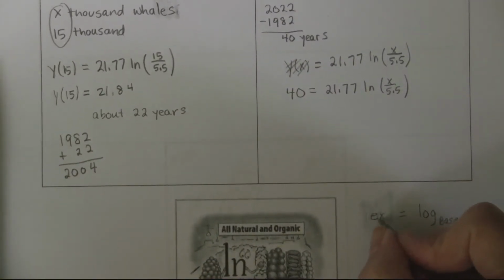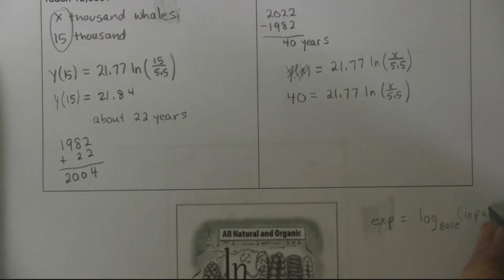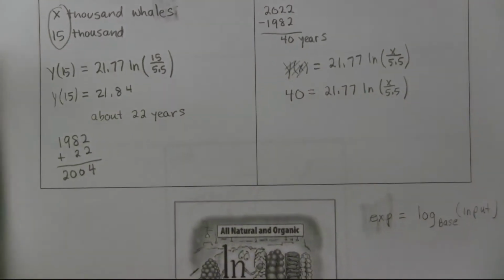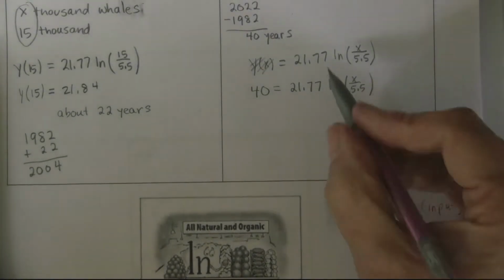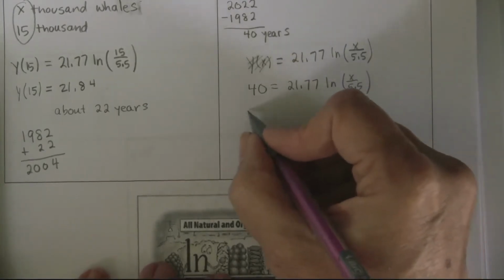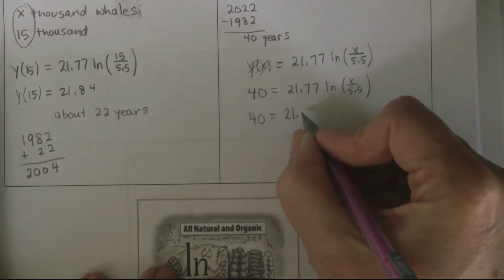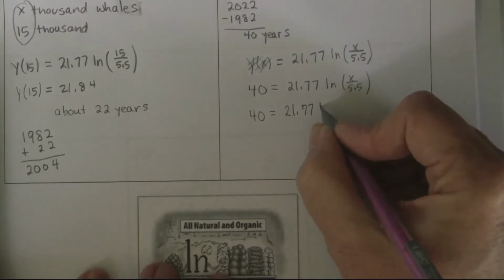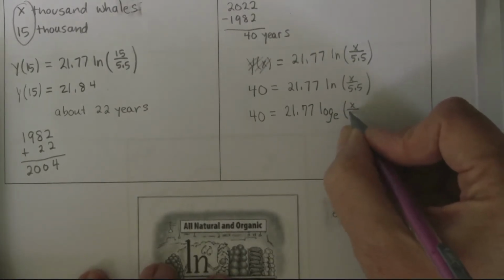I'm going to write the natural log as log base E, and I have one more thing than I'm allowed. I'll show you which one is not allowed. So this is log base E, and this is my input, X over 5.5.